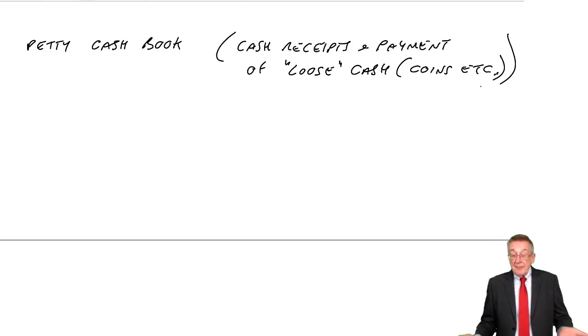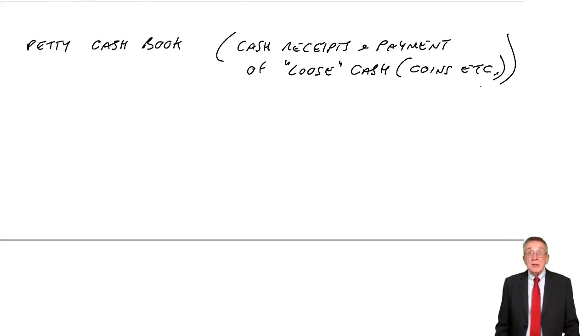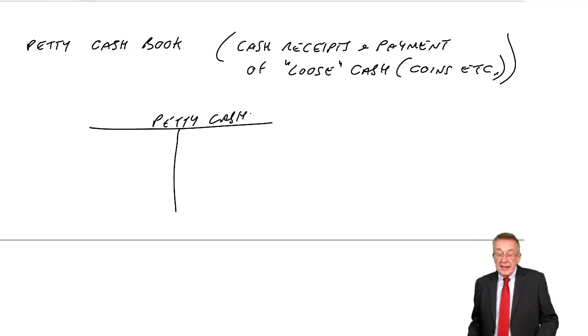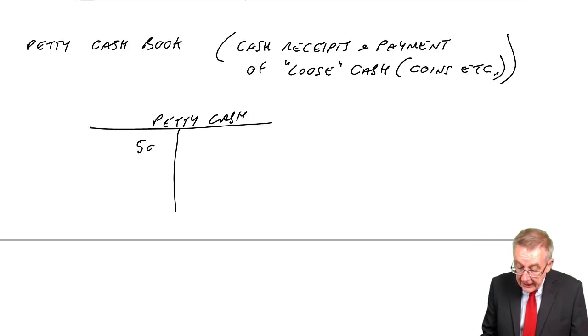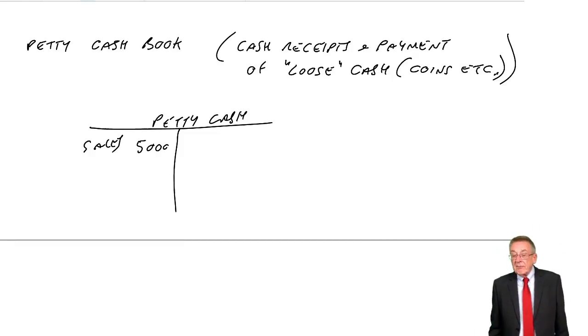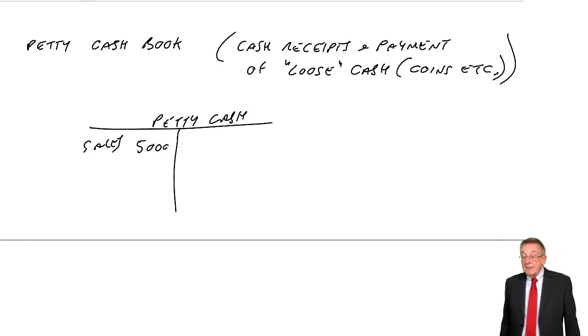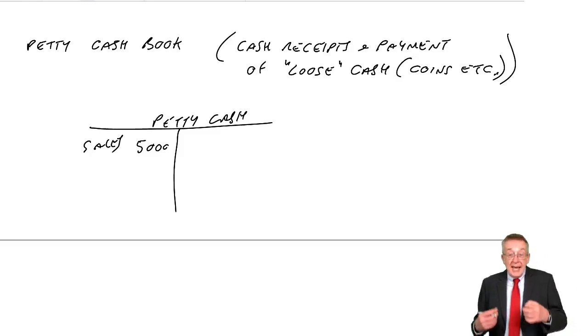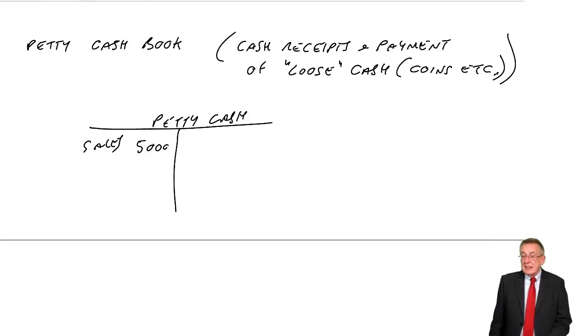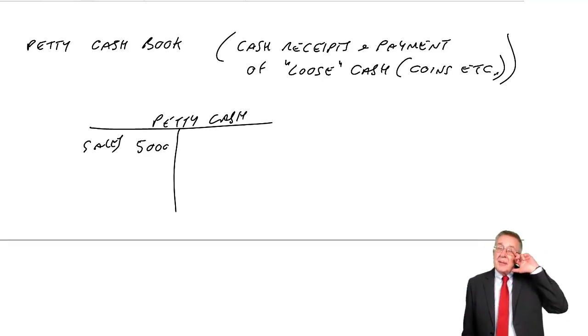Now, of course, for a shop, this is likely to be where most of the cash is coming in and out. For a shop, they make sales, and so perhaps today I made sales of 5,000. Debit cash, credit sales 5,000. Although most of their money is coming in loose cash, what most shops will do is at the end of the day, they put most of that money into the bank.